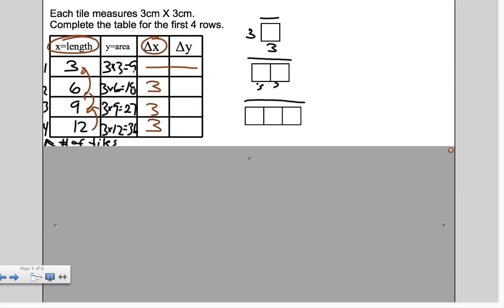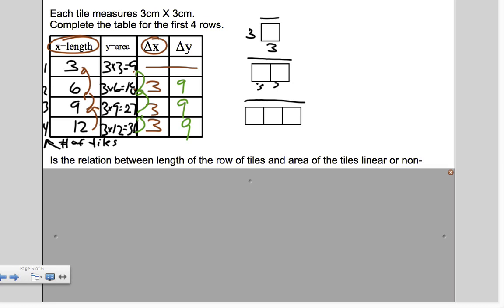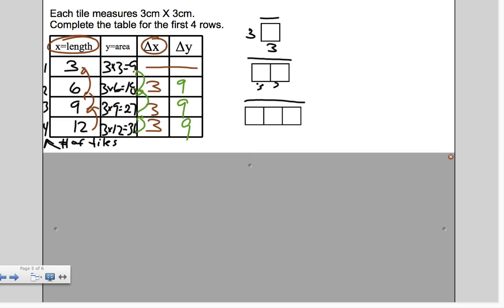So what's your delta y? Okay, stay with me now. Sorry, I lost you guys for a bit. So here the change in y is 9, right? This is our first differences. So is the relationship between the length and area linear or nonlinear?